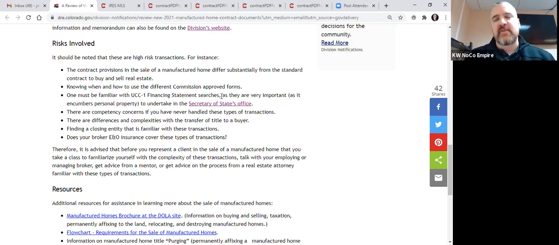They may go purchase this $50,000 mobile home and they pay $50,000 cash to the seller, right? And then the seller never takes that $50,000 to go pay off the $40,000 that they borrowed. And then the seller disappears. So now your client has, they've paid $50,000 to the seller and they still have a $40,000 debt against their property.